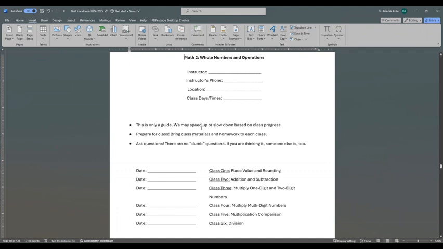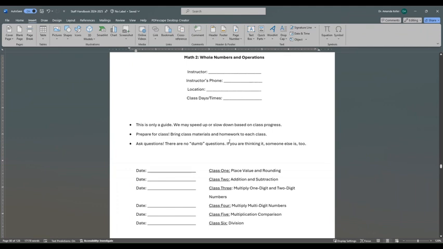We may speed up or slow down as we need to. Tell them to prepare for class, bring their class materials and homework to each class. Those of you who use the interactive notebooks, I would put that in here. And have them ask questions. Remind them that there are no, quote, dumb questions.